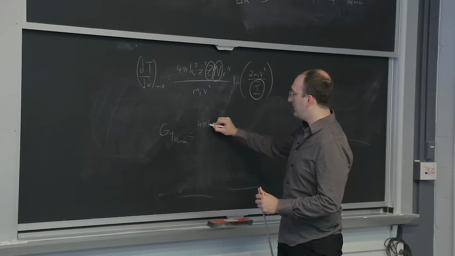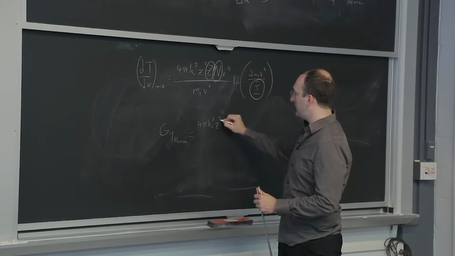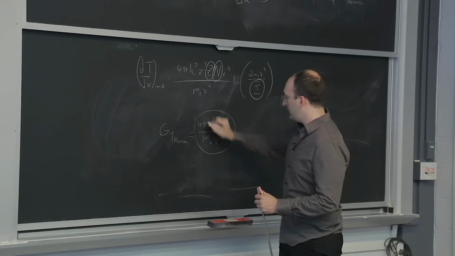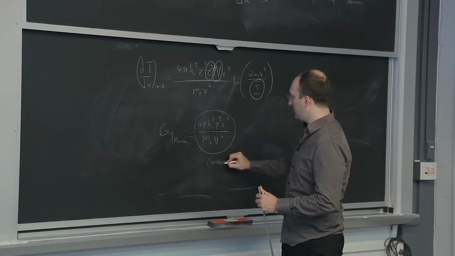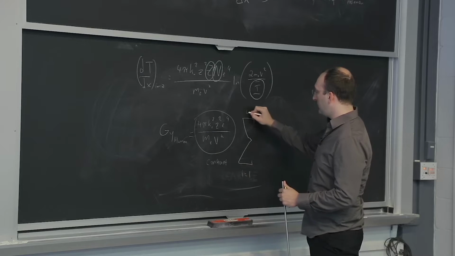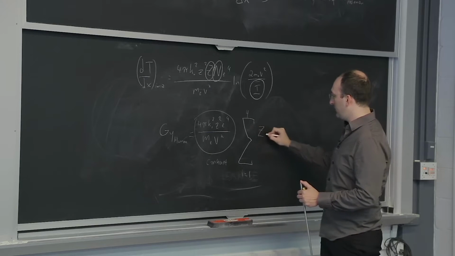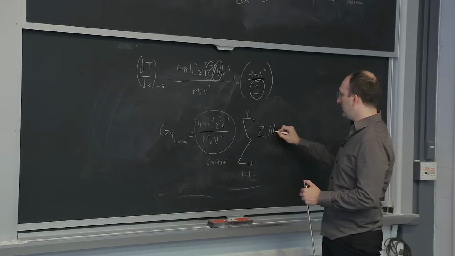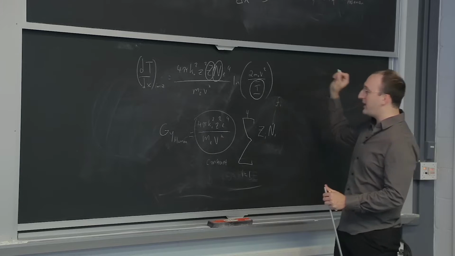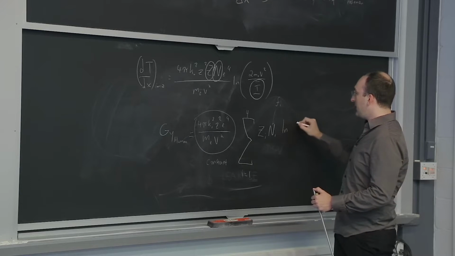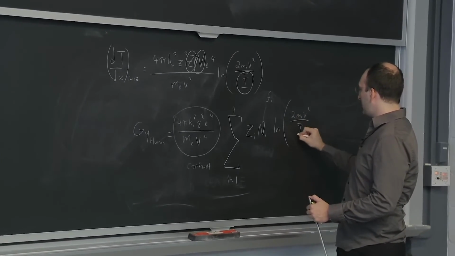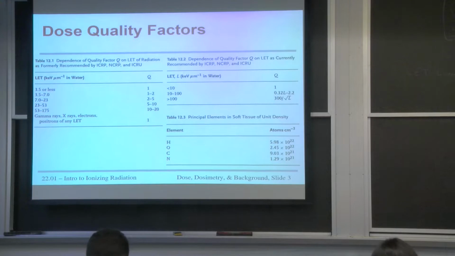So the 4 pi k0 squared, little z squared, e to the 4th over MEV squared is just a constant, times the sum over all your isotopes of Zi, the number density of isotope i, which inside there has the element fraction of that, times the log of 2 MEV squared over the mean ionization potential of isotope i.